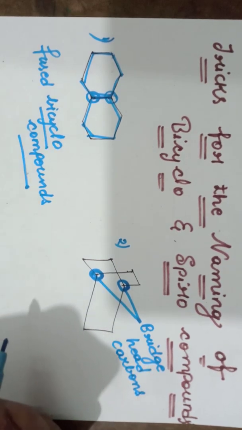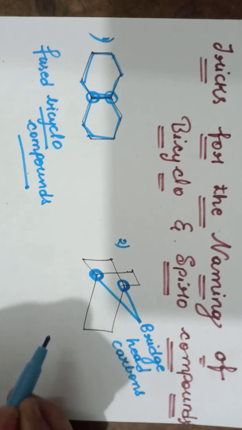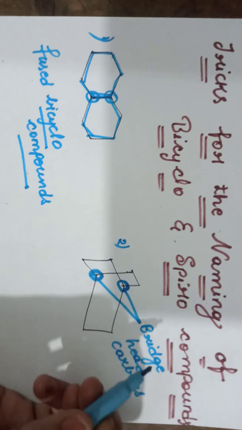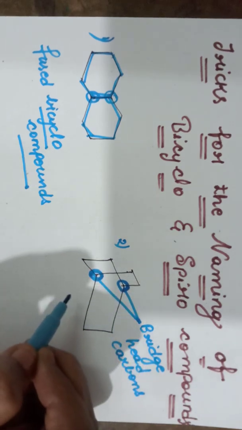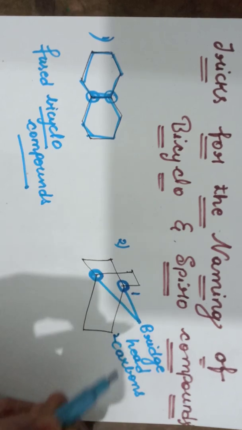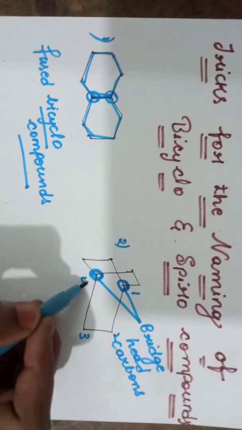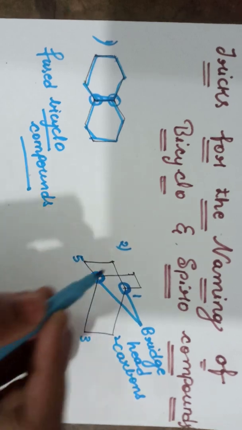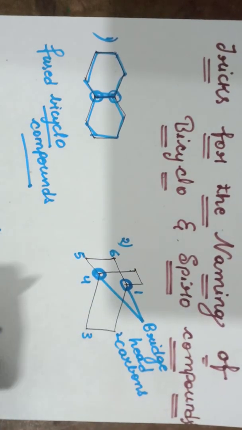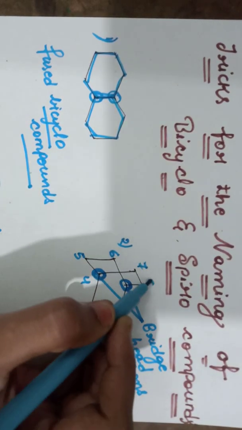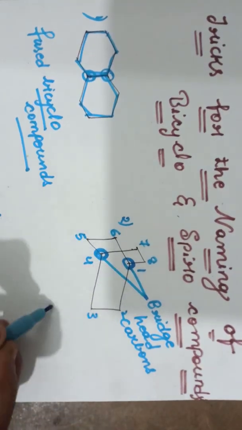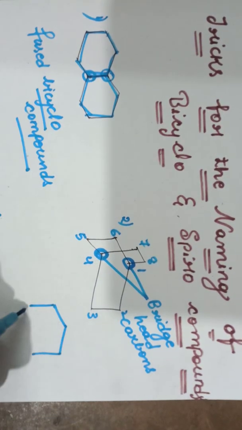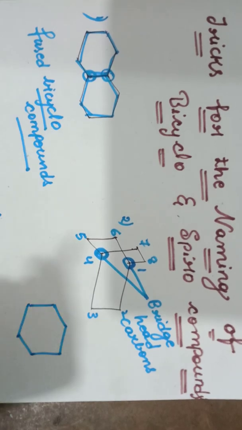From these bridgehead carbons we need to give the numbering. Either we can go clockwise or anti-clockwise; here I am taking the clockwise direction: 1, 2, 3, 4, 5, 6, and then 7, 8. First we take the 6-membered cyclohexane ring and give the numbering.